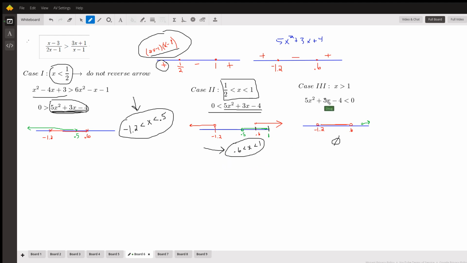And case 3, when x is greater than 1, we're multiplying, we're not reversing the arrow. So this is less than 0 between negative 1.2 and 0.6, but intersect that with x greater than 1, empty set. So far we've got these two intervals.